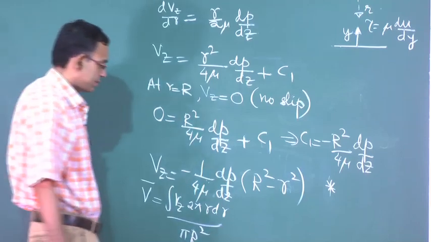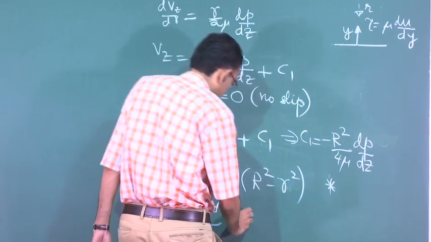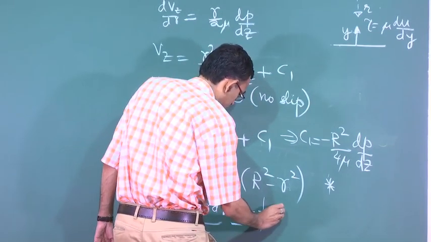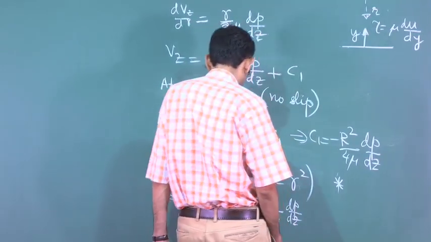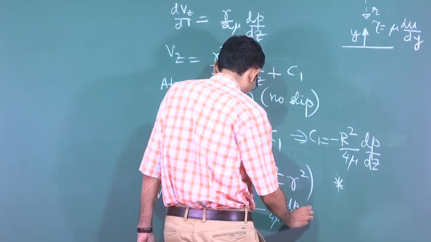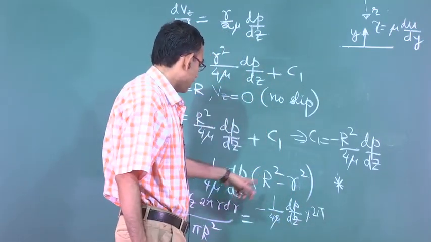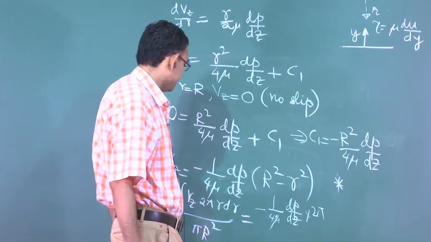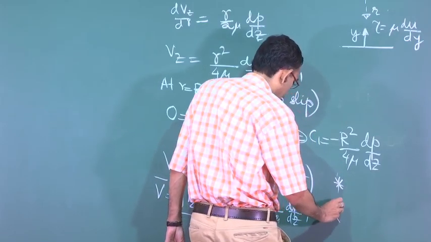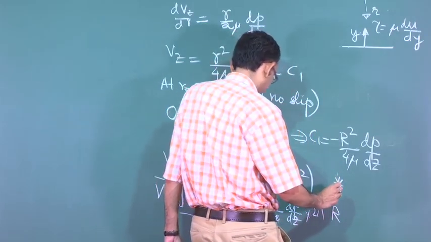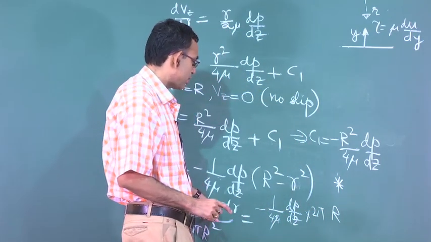So, this becomes, so this r square into r dr is, so r cube, so this becomes r dr, that is r square by 2.